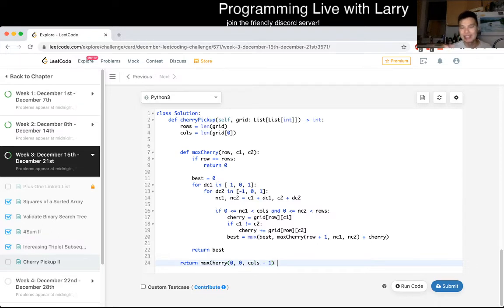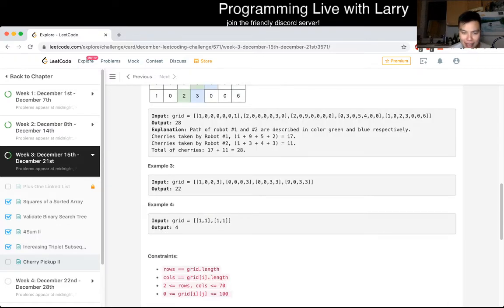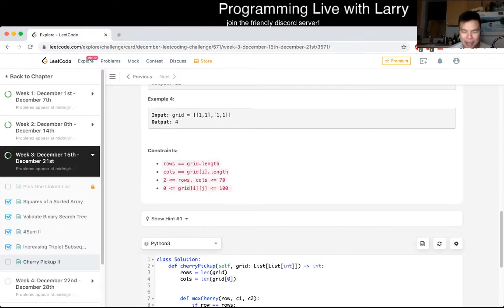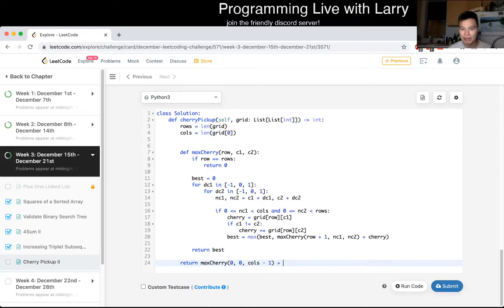And because of the way that we did it, we have to add the cherries. Actually, I was going to say that if it's only one cell, then they may start in the same cell, so maybe that's an edge case. But columns is at least 2 cells, so we don't have to worry about that. So we just have to add grid of 0 of 0 plus grid of 0 of columns -1.